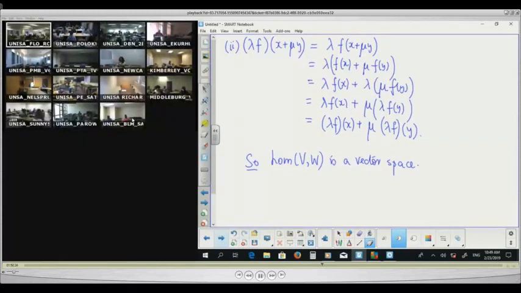Between any two vector spaces, the set of linear transformations is also a vector space, right? So, see, the analogy is very much there.